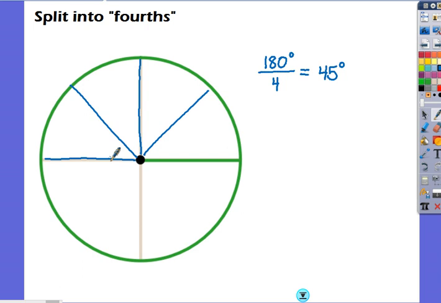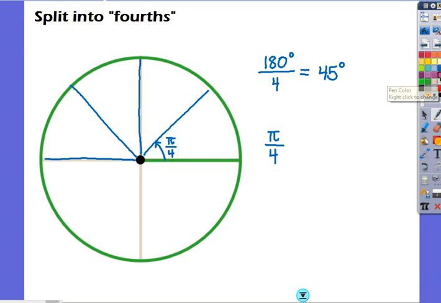Okay, so if we're thinking radians, we just took our 180 degrees, which is pi, and we split that into 4 pieces. And so really, we're just going to call a 45-degree angle a pi over 4 angle. Okay?